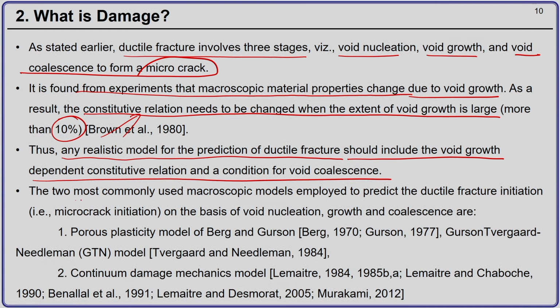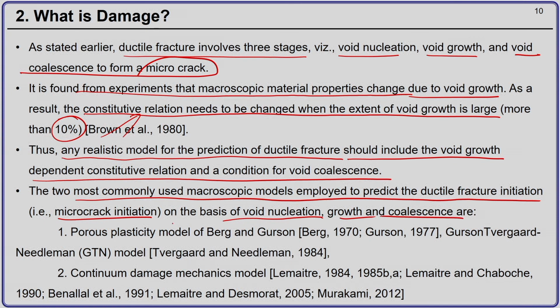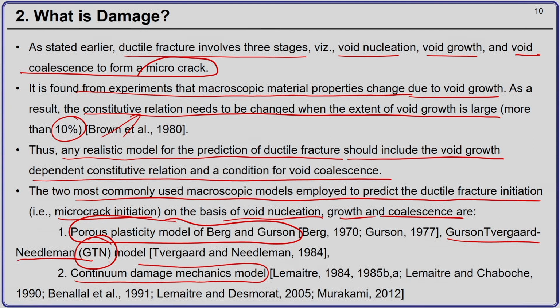So, the two most commonly used macroscopic models employed to predict ductile fracture initiation, that is micro crack initiation on the basis of void nucleation, growth and collisions, are the porous plasticity model of Berg and Gurson, called Gurson's model or the Gurson-Tvergaard-Needleman model, which in short is very popularly known as the GTN model, and the continuum damage mechanics model.